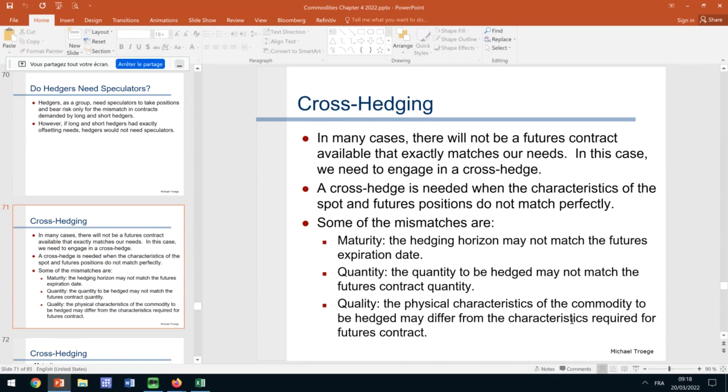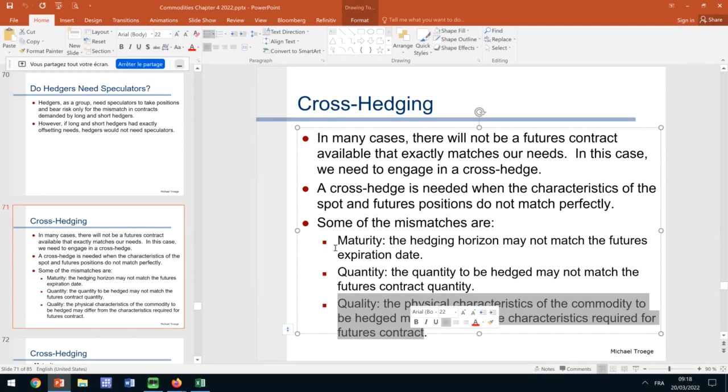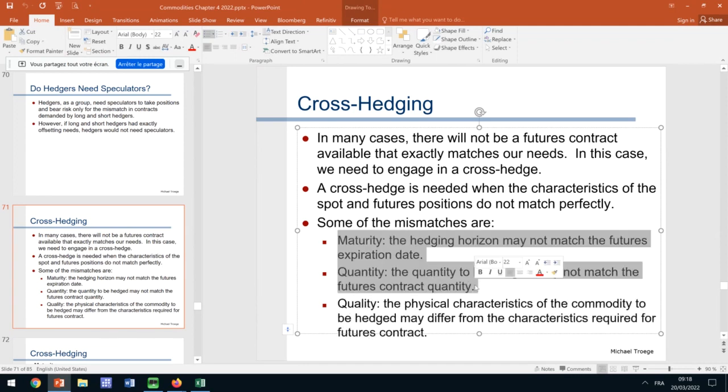That's the most important part of cross hedging. There's also just a mismatch between the hedge contract and the risk you are hedging, and the most important mismatch is the quality mismatch. Of course, there can be a quantity mismatch, because these contracts are very large, as we have seen.